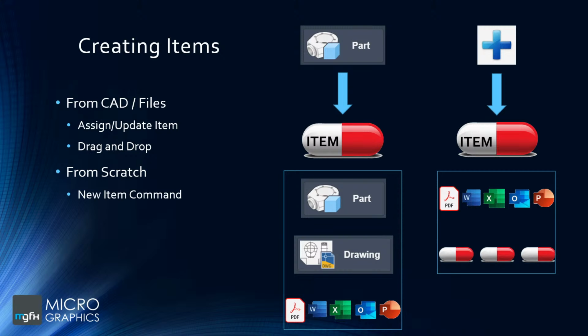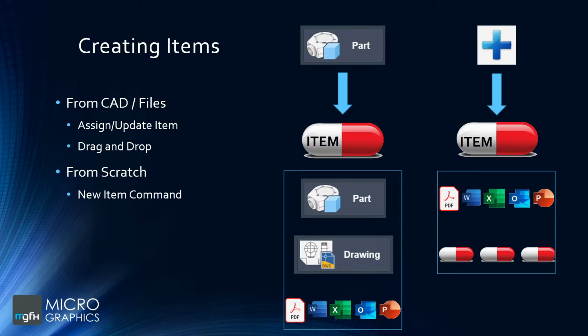You'll be able to search for the item number, find it, and then view the item and all the information within that item. There are also drag and drop methods where you can grab a file and drag and drop that file either into the item master tab or into the item master node on the left-hand side of Vault. So it's 3 different ways in which you can create an item from an existing file.